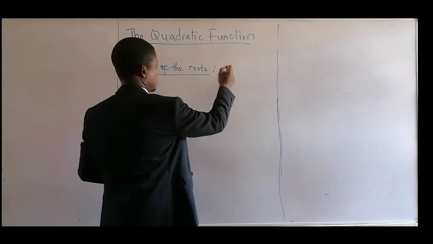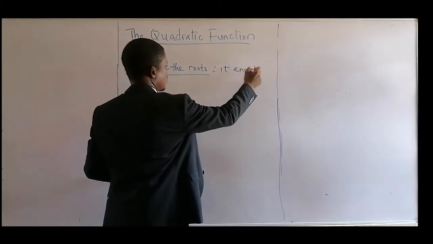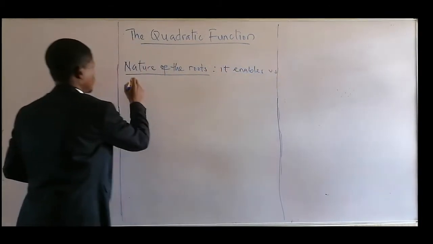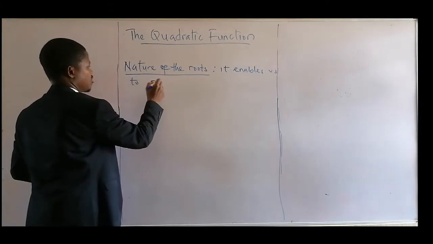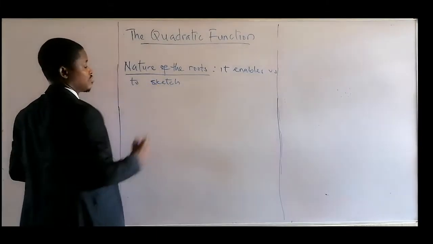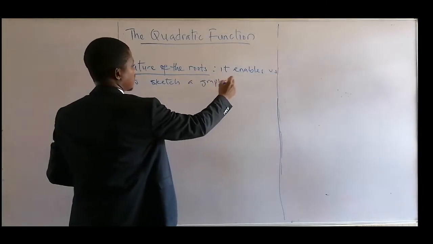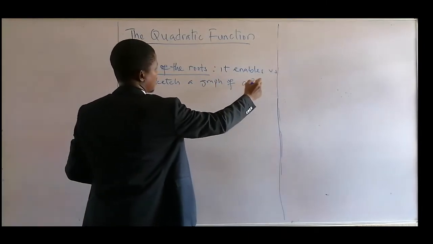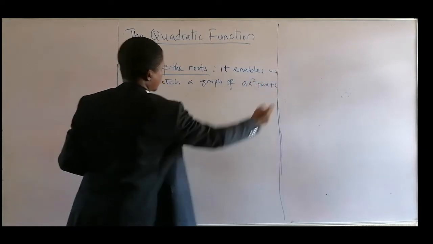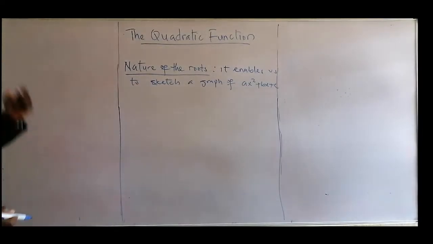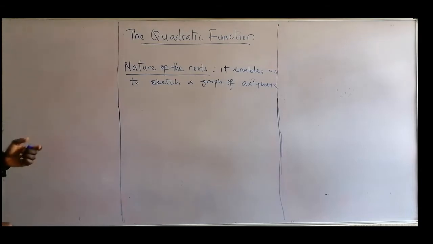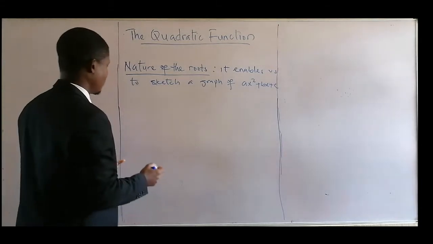It enables us to sketch a graph of the function ax squared plus bx plus c. One thing you have to note is whether your a is positive or negative.